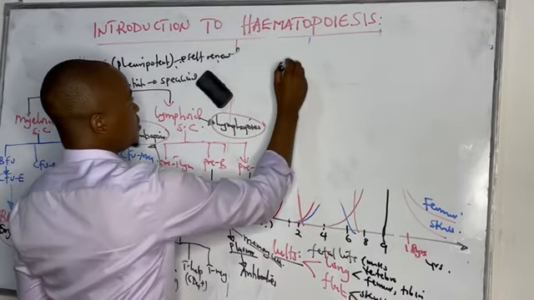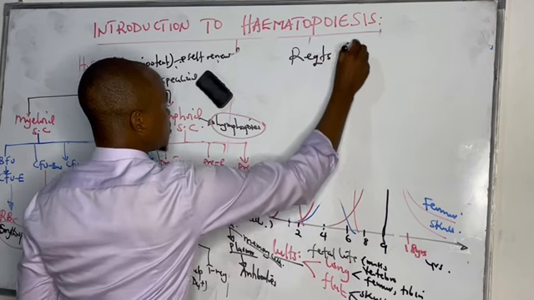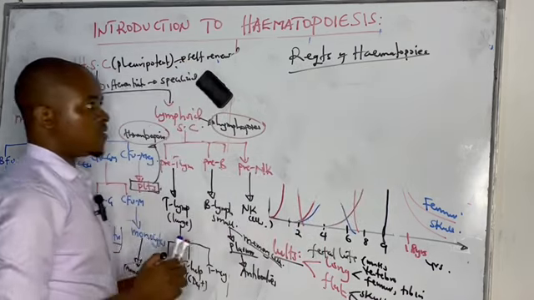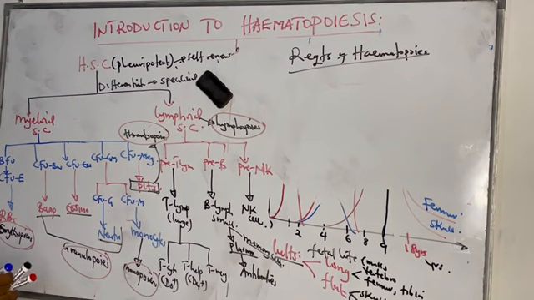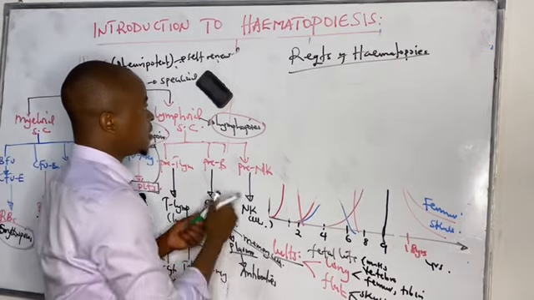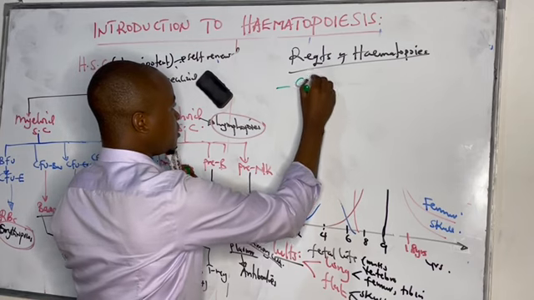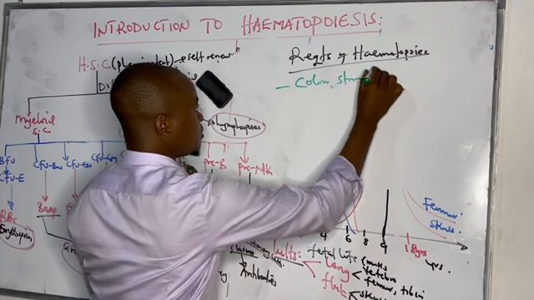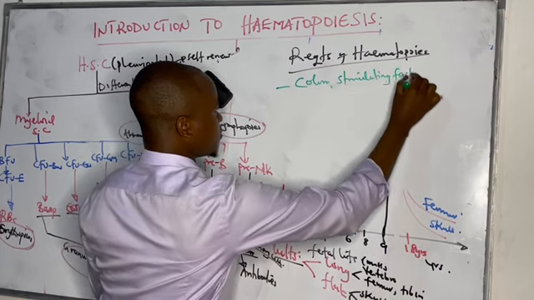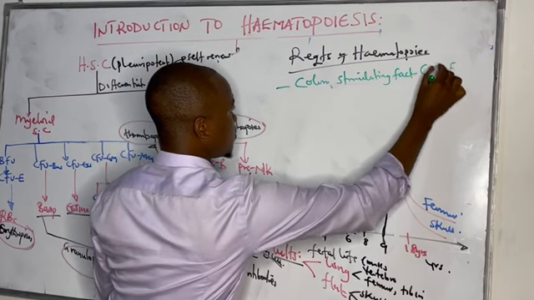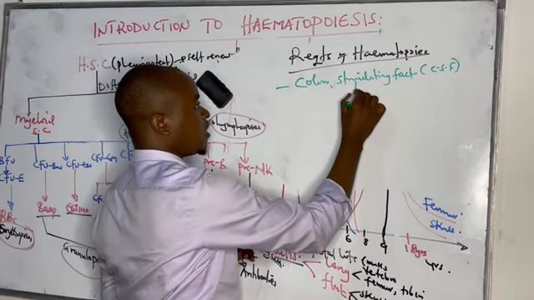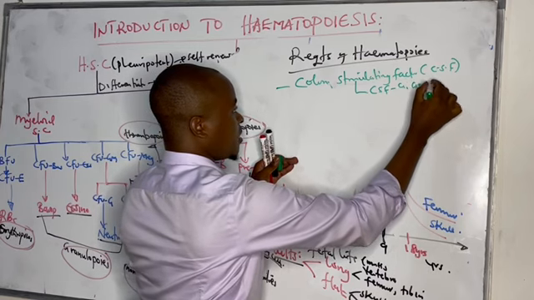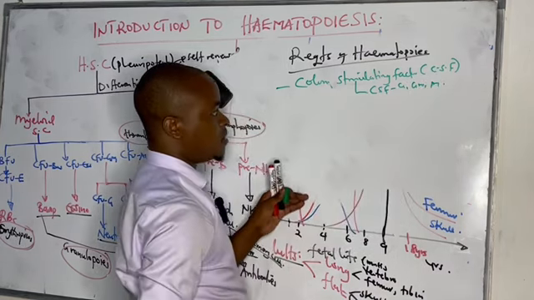Requirements of haematopoiesis. Haematopoiesis will require substances like colony stimulating factors, which we abbreviate as CSF, whereby under colony stimulating factors we need colony stimulating factor G, factor GM, and factor M. All these are needed.